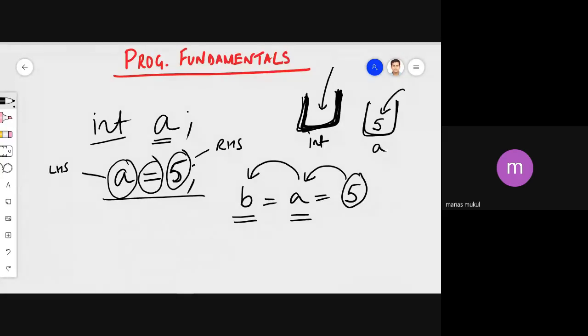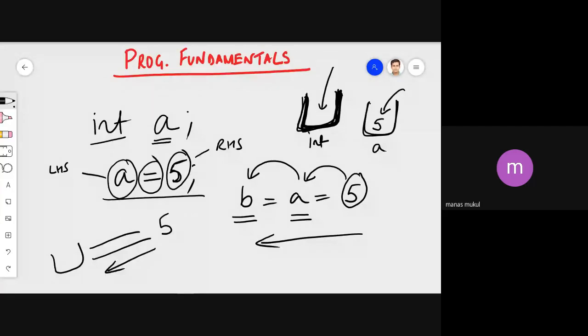So now you must have already realized that there is a direction in which the data is flowing here, right? Which is the direction in which the data is flowing? This is the direction. So if you consider this as a pipe, and if you have a container here and some value here, this will always flow in this direction.